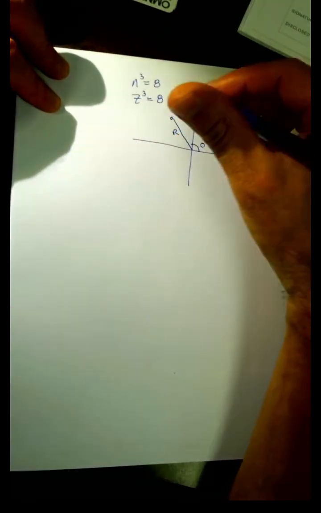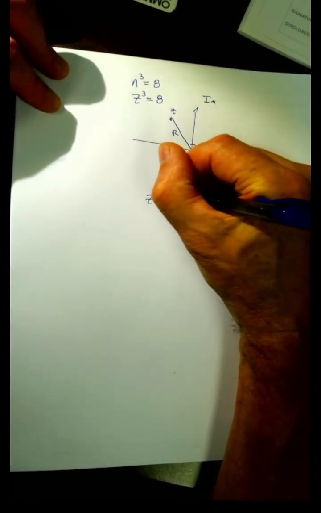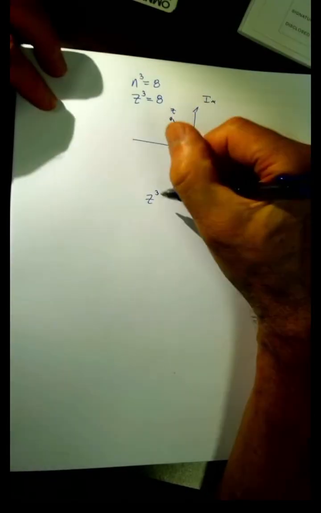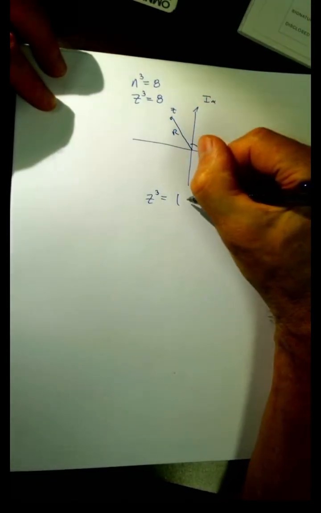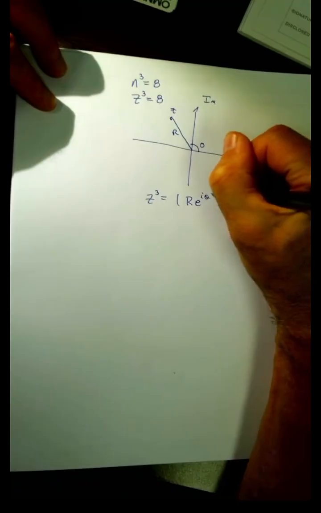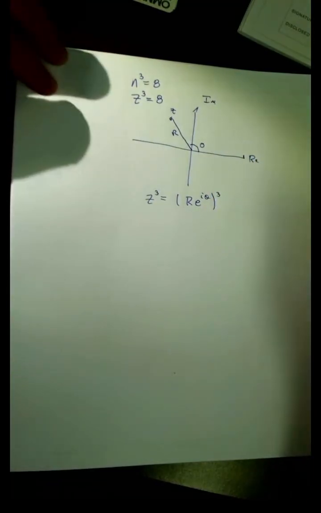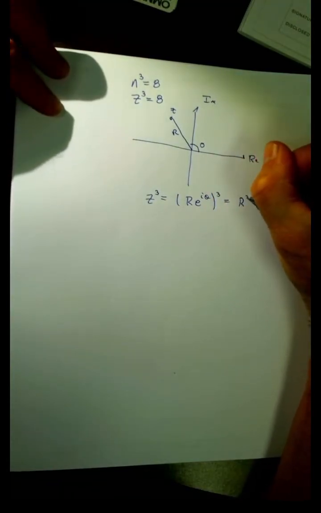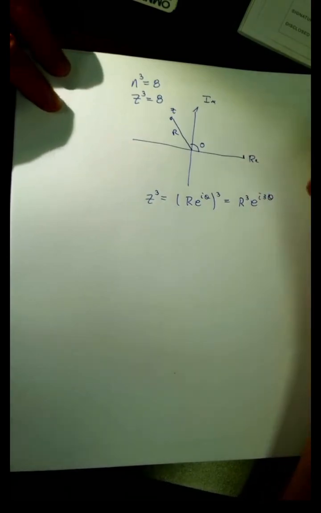And I know that when I cube that number, I've got to get 8. But I can write that number in Euler form. And if I cube that, I get r cubed e to the i 3 theta.